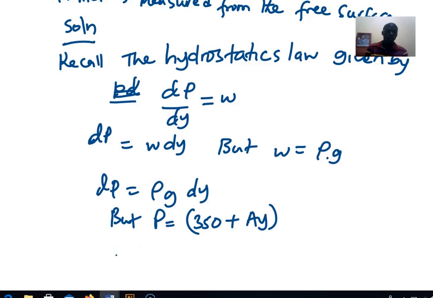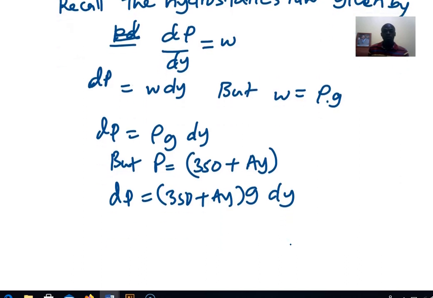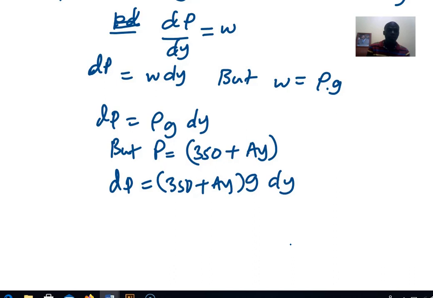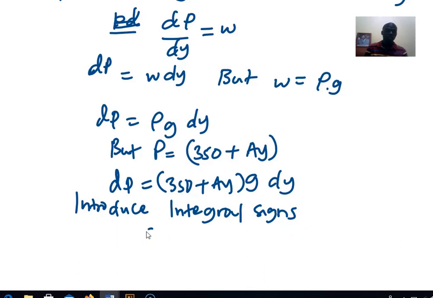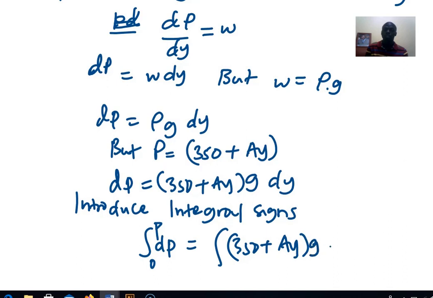So dP is equal to (350 plus AY) g dy. From here, we introduce integral signs, integrating dP from 0 to P equal to integrating (350 plus AY) g dy from 0 to y.